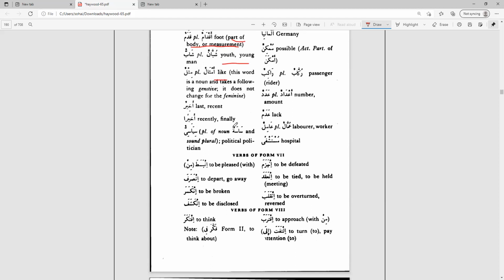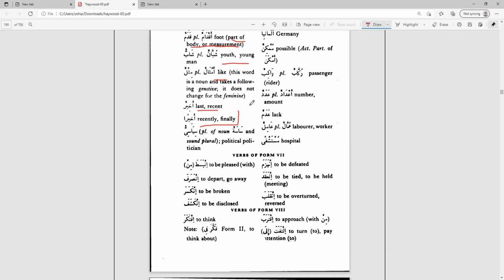If the noun takes a following noun in the genitive, this is like mudaf and mudaf ilayhi. So for example, mithluka means like you. Mithlu rajulin, like a man. Akhirun means last or recent.